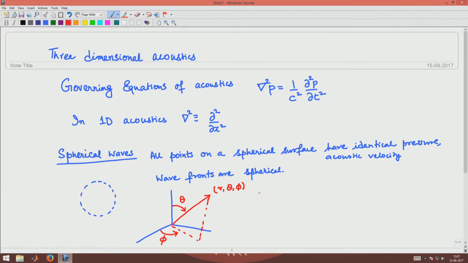So, r theta phi are the variables in the spherical coordinate system as opposed to x y z in the Cartesian coordinate system. So, we will start from the solution of the governing equations of acoustics in 3D, but in a spherical coordinate system, because we are looking for a spherical wave solution in our case.